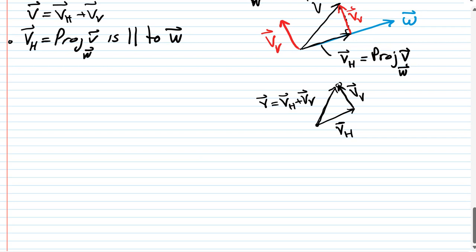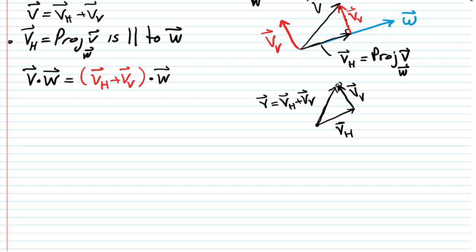So let's see if we can find a formula for the projection. Okay. Now, if I do a dot product of V dotted with W, well, remember V has horizontal and vertical components, right? So I'm just going to write it as a horizontal and a vertical component, and then we're going to dot it with W. Okay.